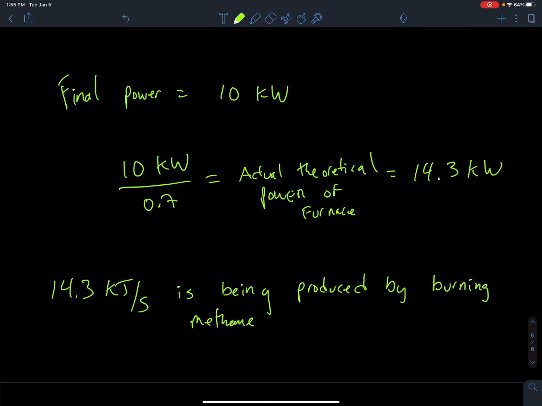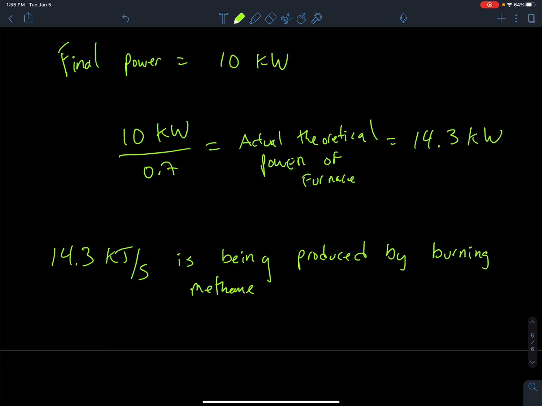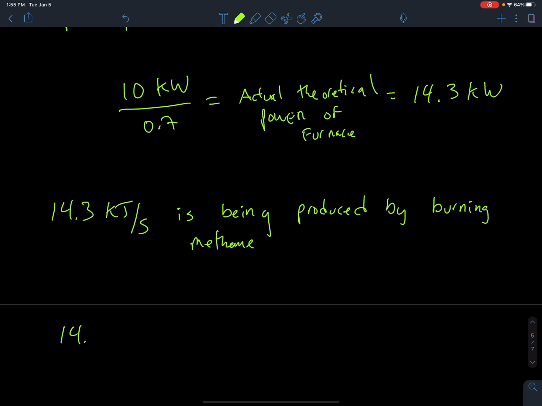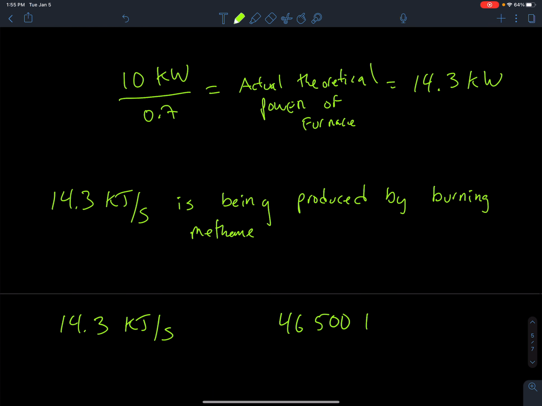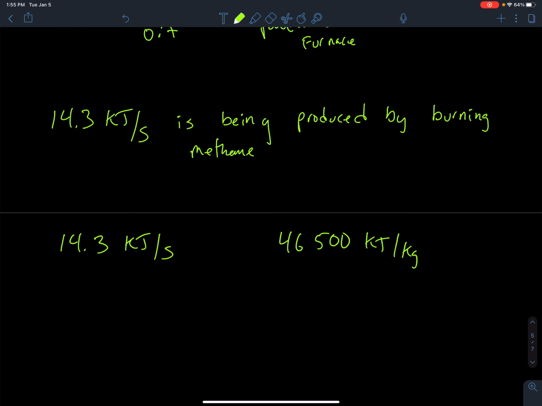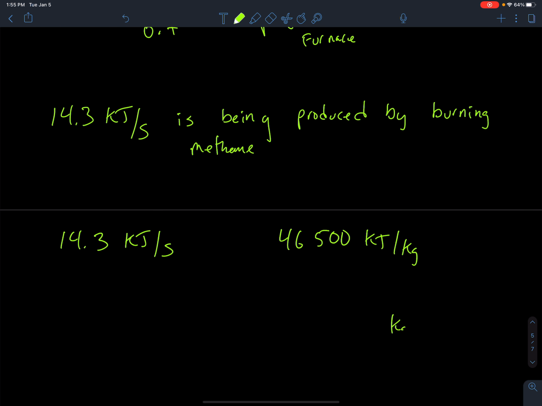So now I need to figure out how many kilograms per second. Let's write down these units. I have 14.3 kilojoules per second, and I have 46,500 kilojoules per kilogram of methane. So how am I going to do this? My final answer needs to be in kilograms per second. So how do I combine these?